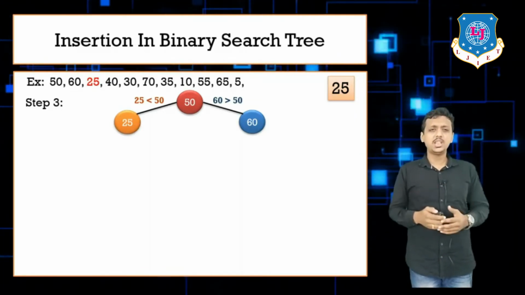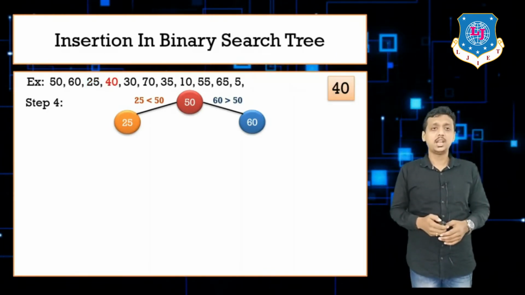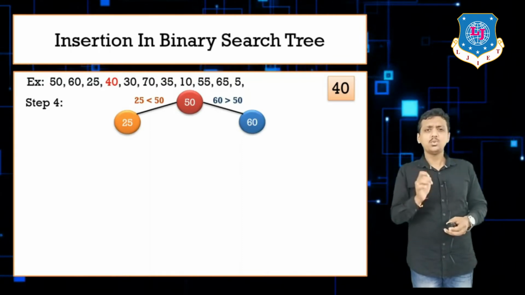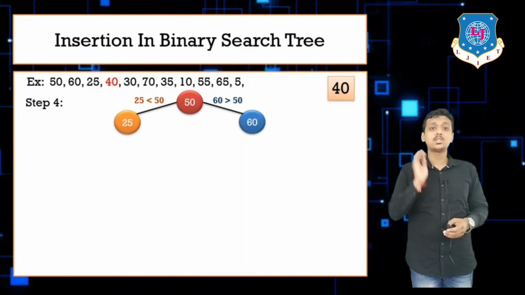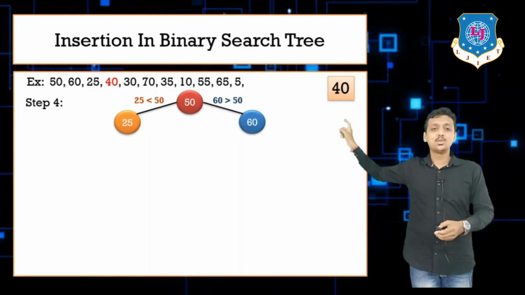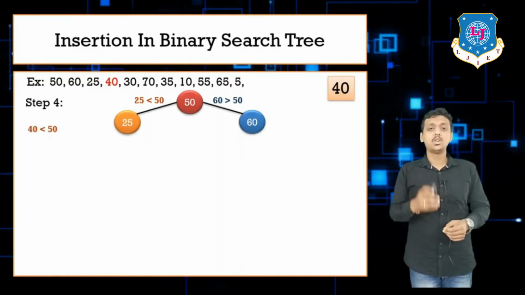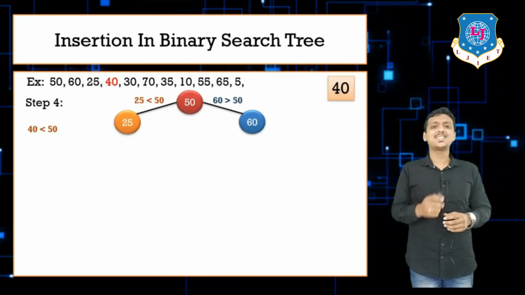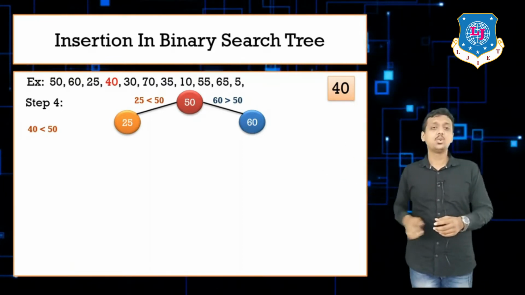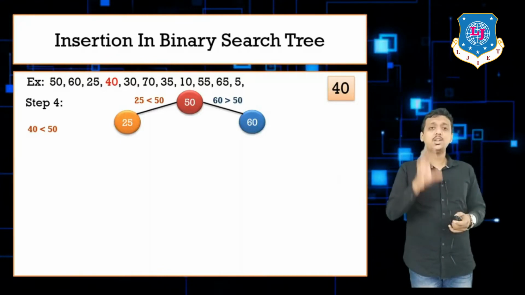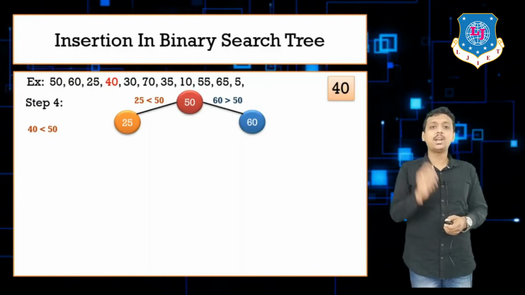Okay, so let's move further. The next value that we need to insert is 40. From where do you need to start the comparisons, students? You need to start your comparisons from root node 50. So compare 40 with 50. We all know that 40 is less than 50, so obviously go on the left side. On the left side of 50 we found the value 25.